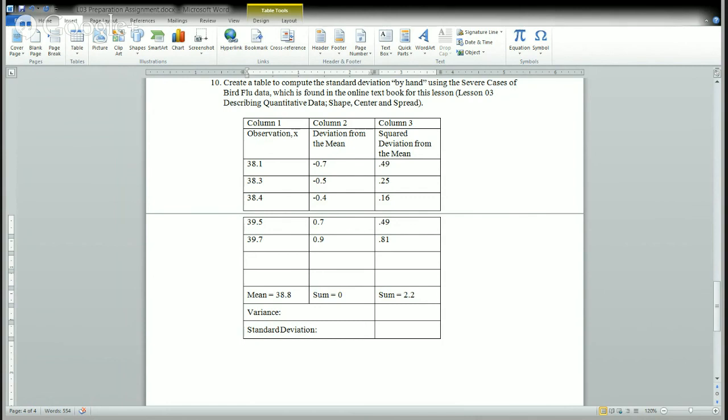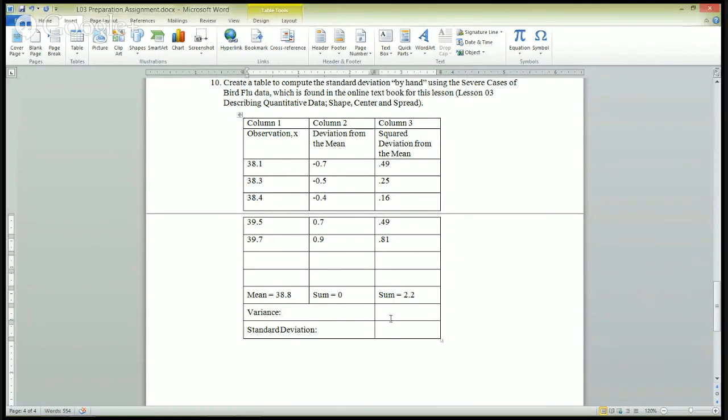So how did you get that? Okay, so it's further down in the book, but basically what you do is you add up the sum of all the numbers, just like you did in the deviation from the mean. So you do that in column 3.